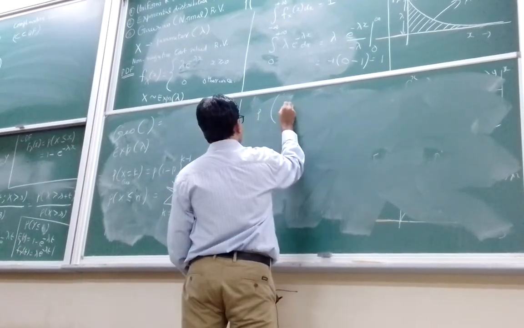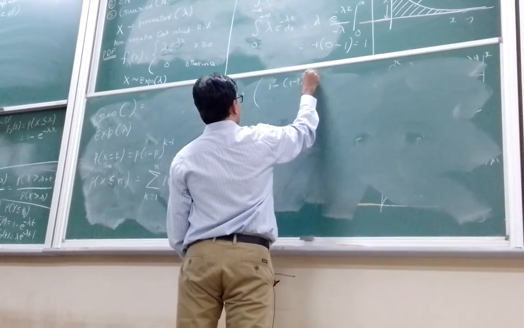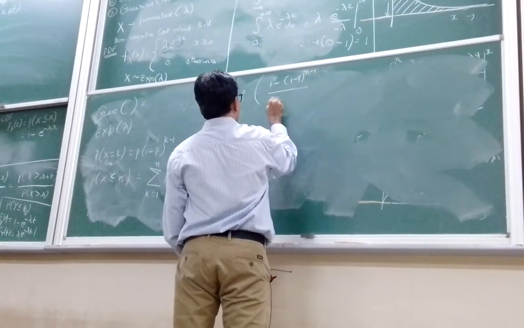This is 1 minus of 1 minus p power n divided by 1 minus of 1 minus p.